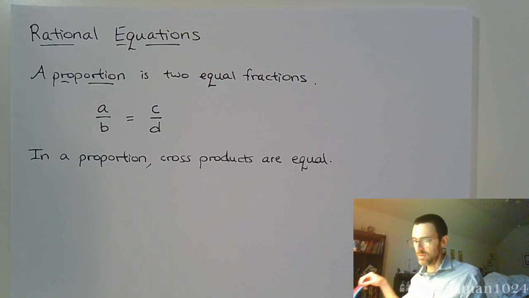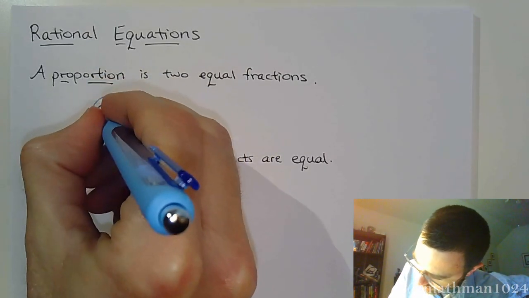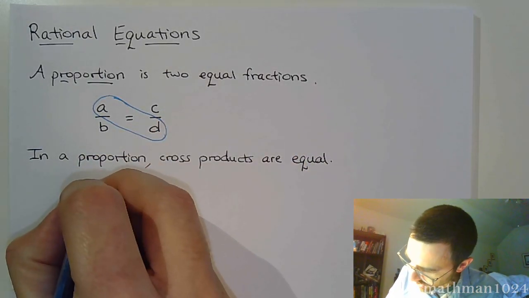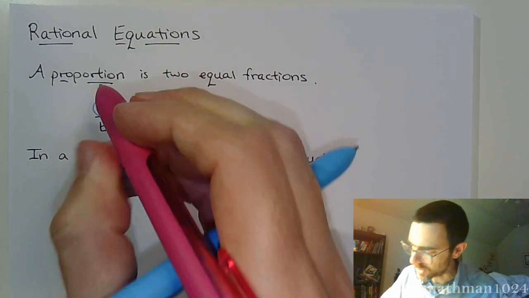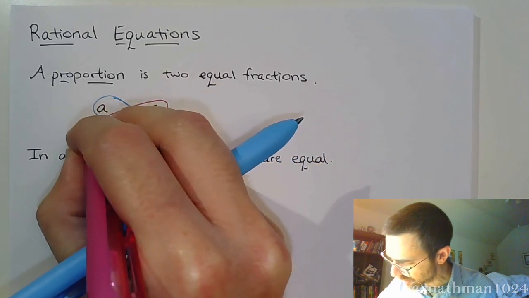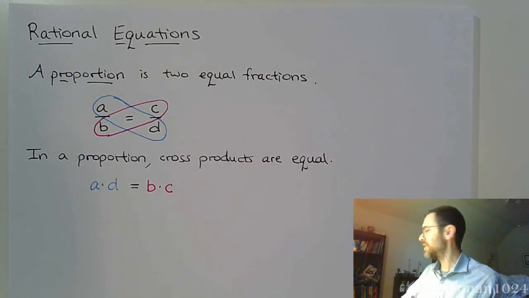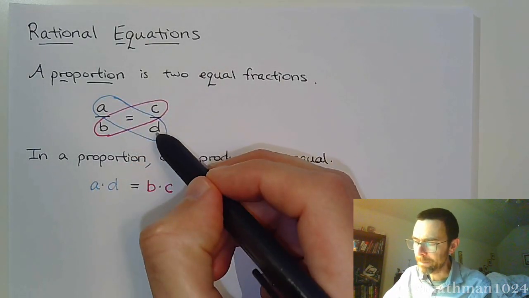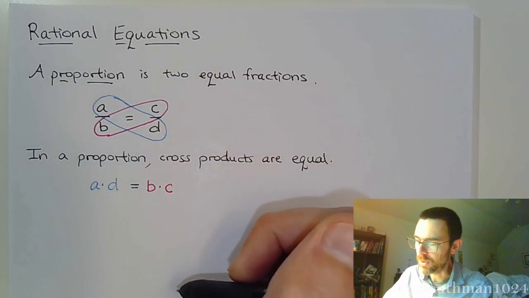So that means these right here are our cross products. The cross product of A times D is equal to the other cross product of B times C. A and D are called the extremes, B and C are called the means in this proportion.